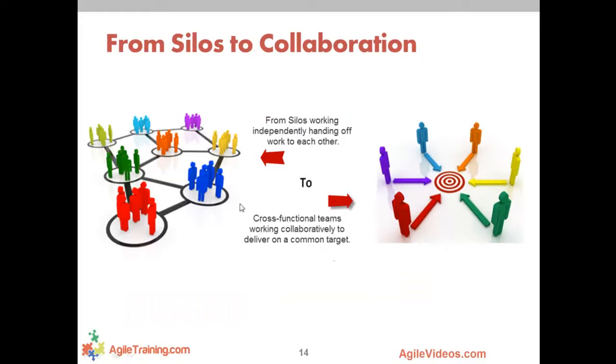So ultimately, here's what we're trying to do. We're trying to move away from these siloed teams that are functional, so they all do the same thing. This is like the analyst group, this is like the testing group, this is the group that does underwriting, and create teams that are cross-functional, high-performing, and they can actually get something done and deliver value. Most of these functional teams on their own actually don't deliver any value.